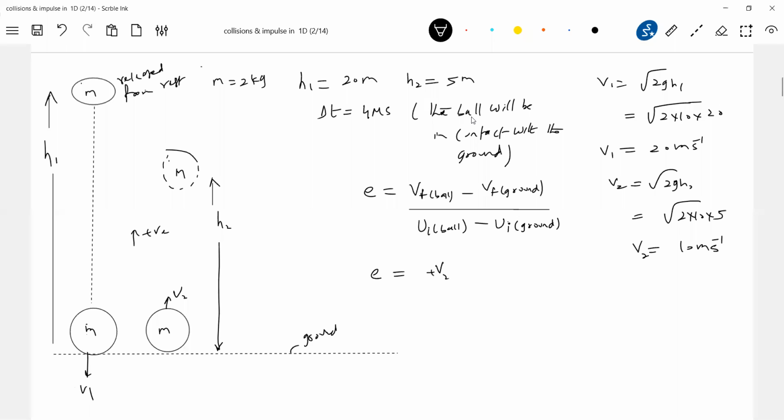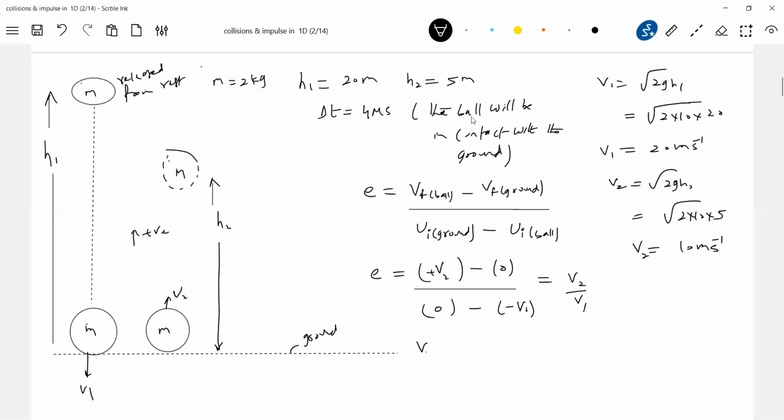How much is it? V2. That of the ground, 0. Initial velocity of the ball minus initial velocity of ground. The ground will not move, so initial velocity of ball is V1. So this will become V2 by V1.